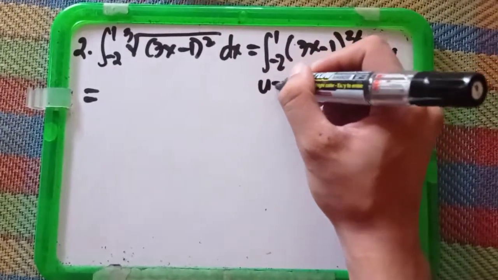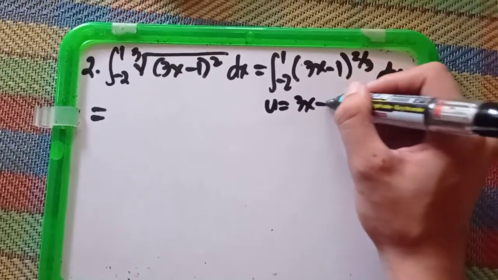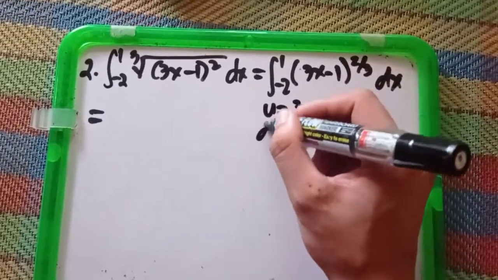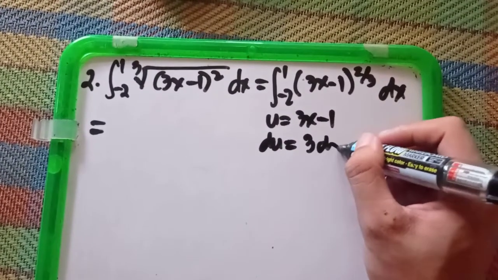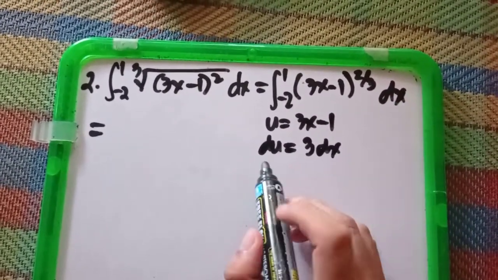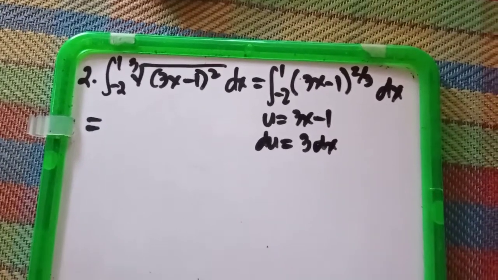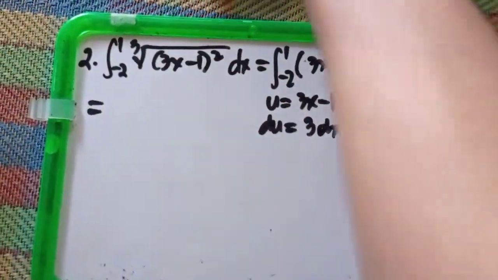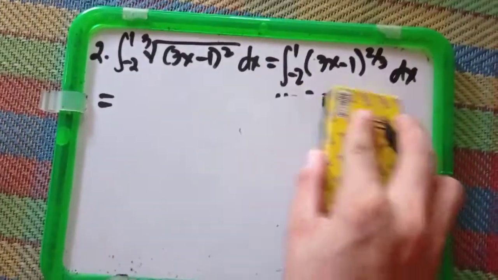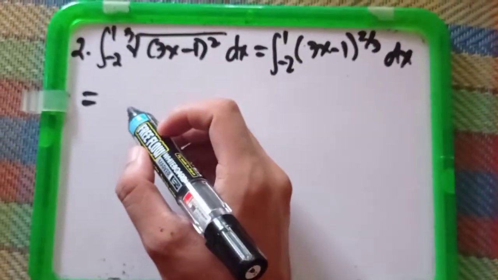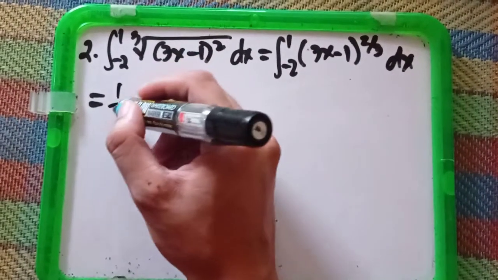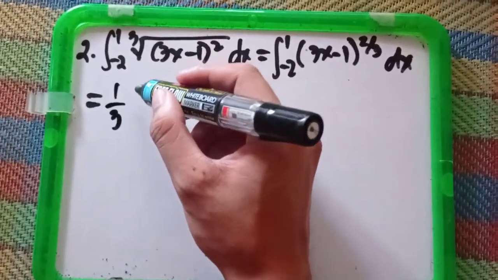So let u be 3x minus 1 and du is 3 dx, or simply du over 3. So now we know, ilalagay natin yung reciprocal nito sa front ng integral sign.